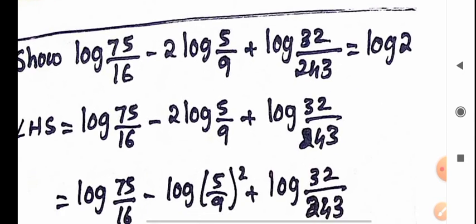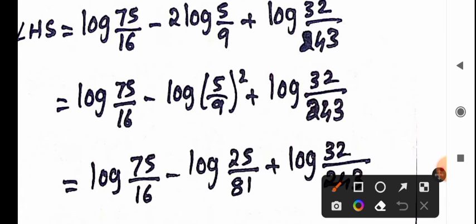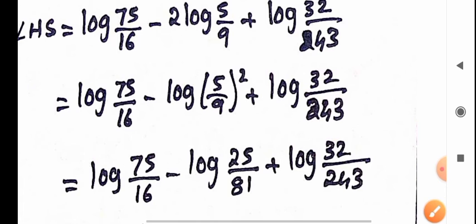Now take second example, that is show that log 75 upon 16 minus 2 log 5 by 9 plus log 32 upon 243 is equal to log 2. Now again using power rule, 5 by 9 square will become 5 square upon 81.